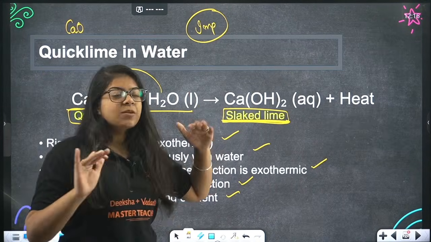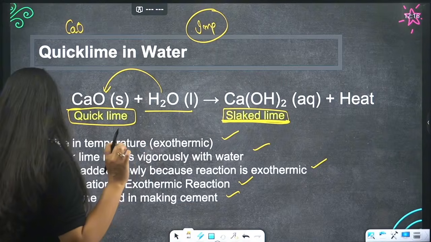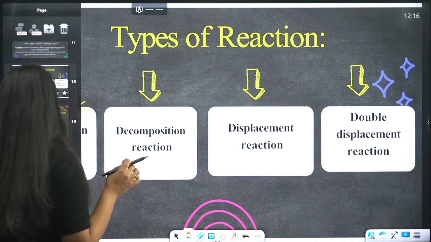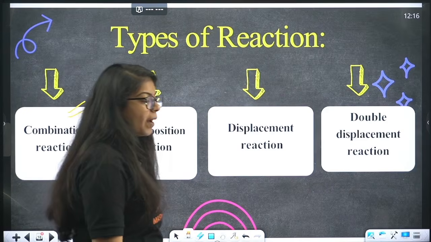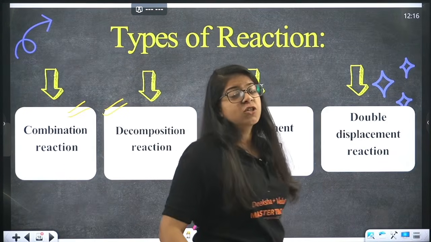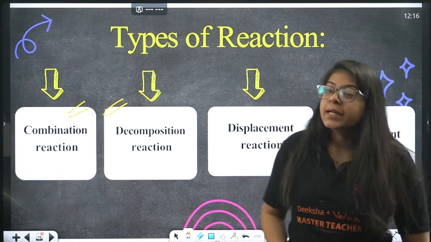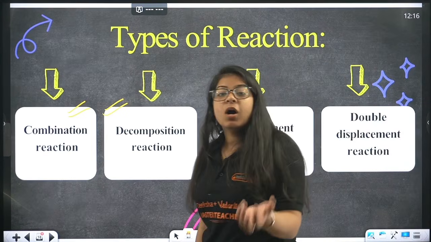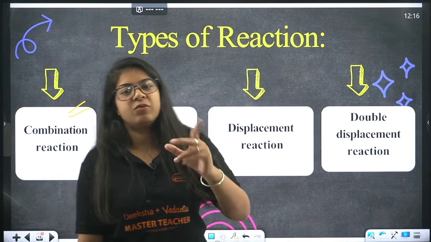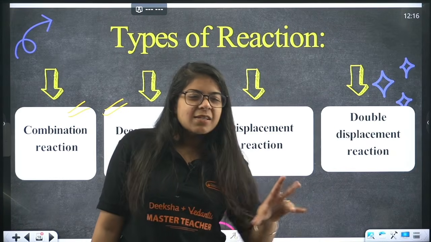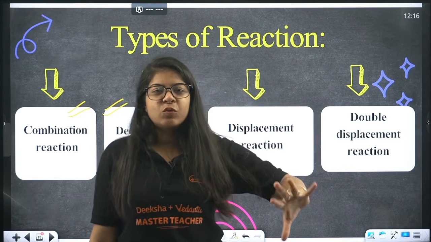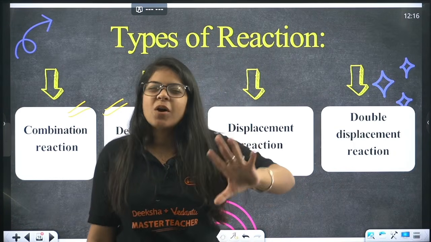Then next beta, the second type of reaction that we are going to study today is your decomposition reaction. Now ma'am, combination reaction is combining of reactants. Decomposition reaction, have you heard the word decomposition? Where have you heard it? Ma'am, we have heard that something is decomposing, the food, the bodies are decomposing.